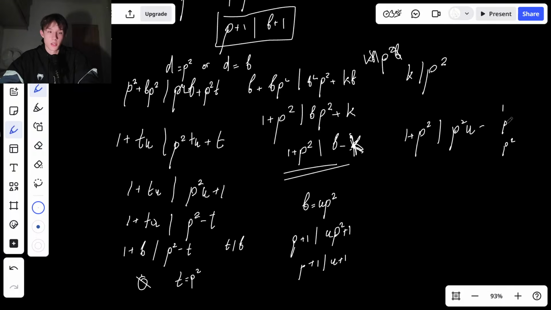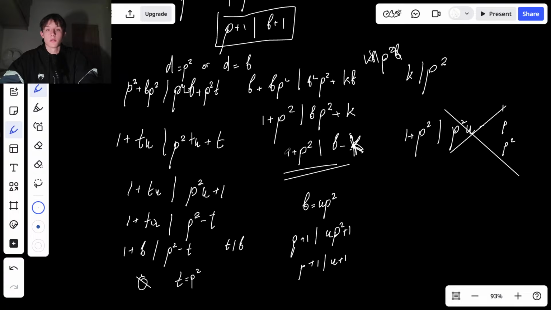It can't be p or p squared. Because then pu minus 1 divides that. Is u less than p? Probably no, but yeah, this doesn't give us much.